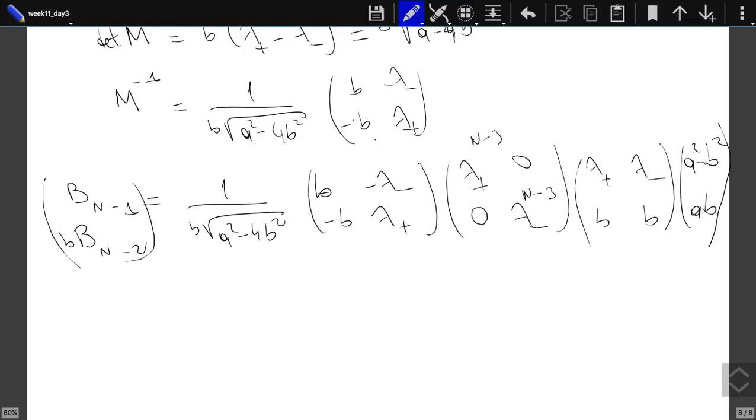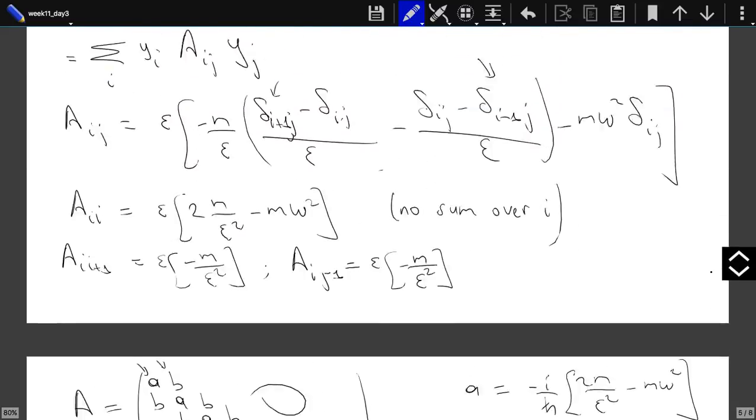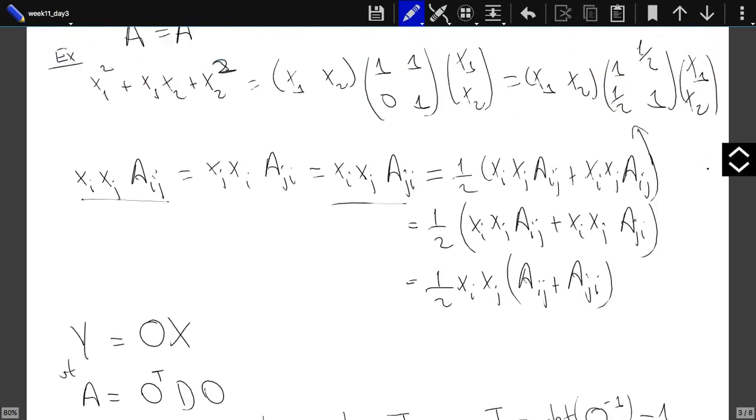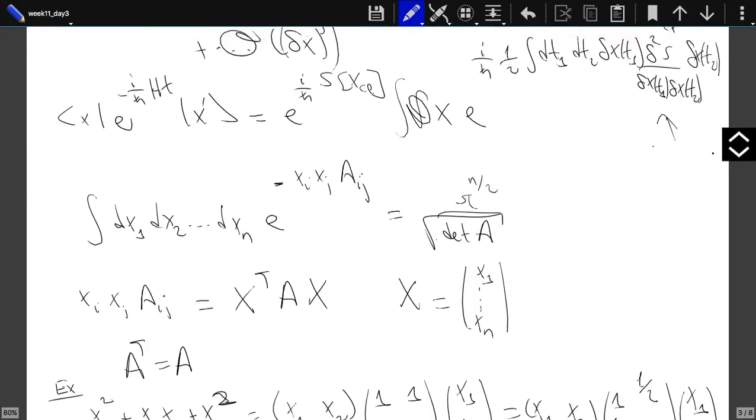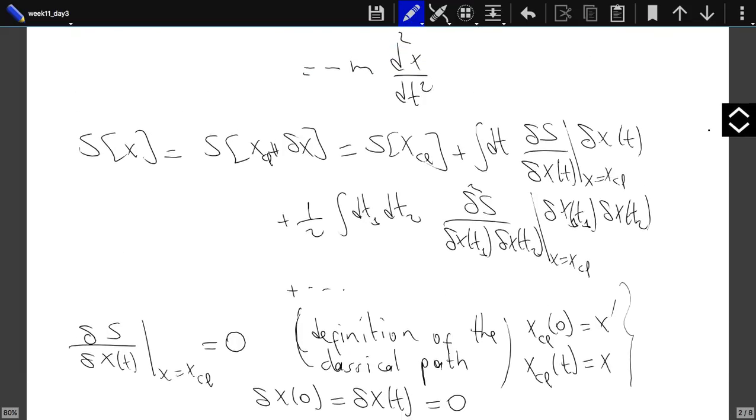So now, okay, why did we calculate the harmonic oscillator? Actually, the reason is right over here. Whatever your problem is, eventually it reduces to the harmonic oscillator plus corrections.